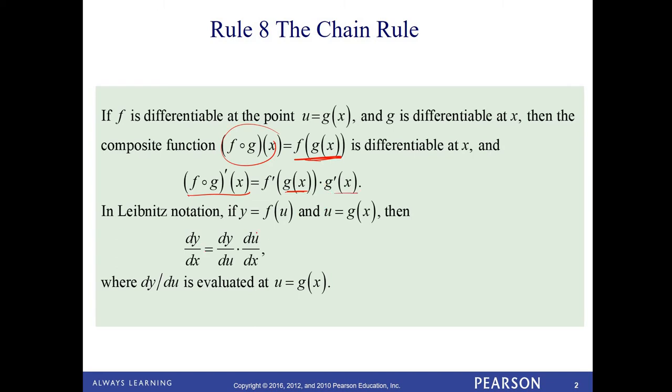In Leibniz's notation, a different way of writing it, if y equals f of u and u equals g of x, then dy/dx, our derivative, is dy/du times du/dx. That can also be written as dy/du divided by dx/du.